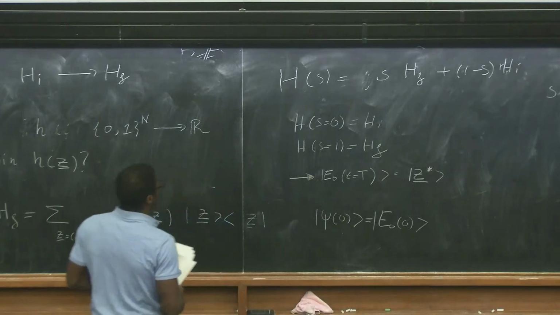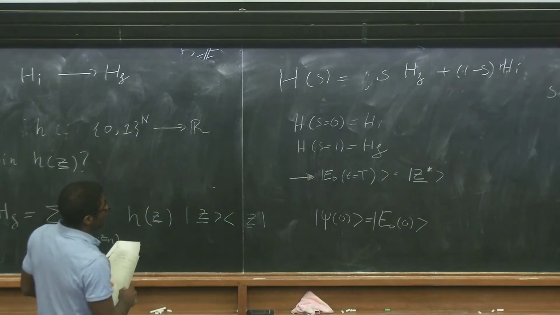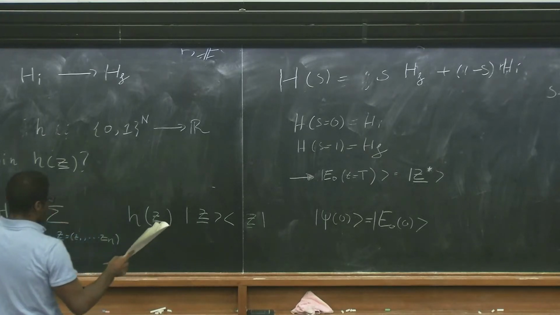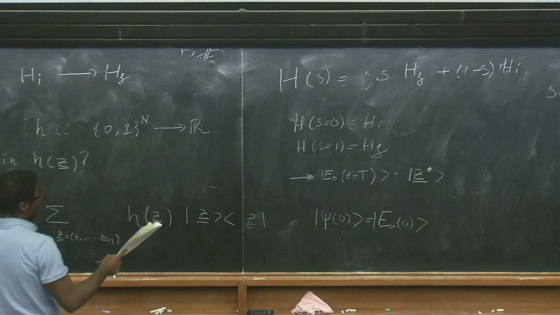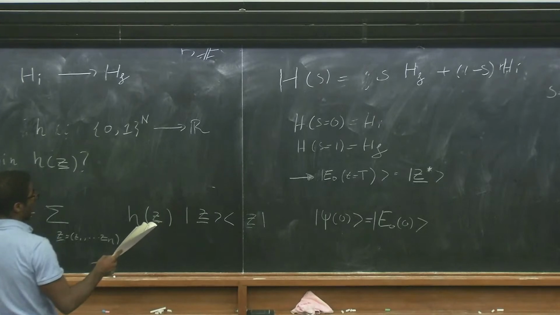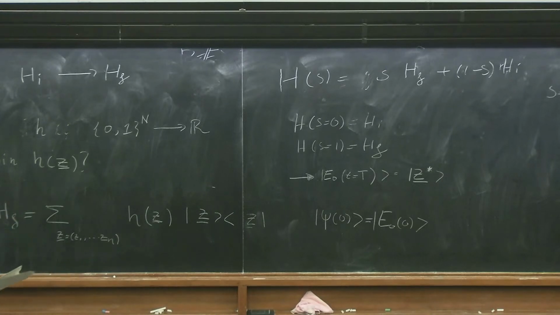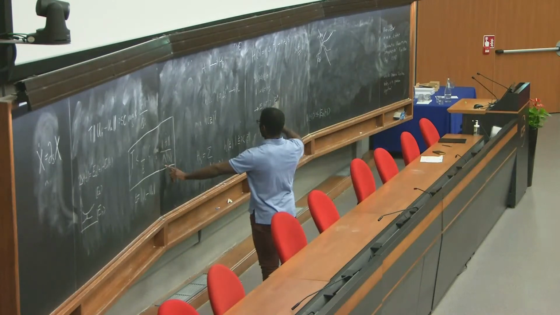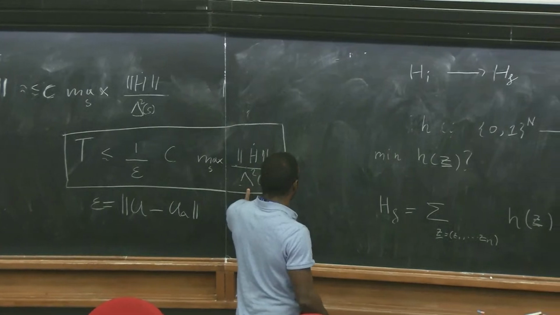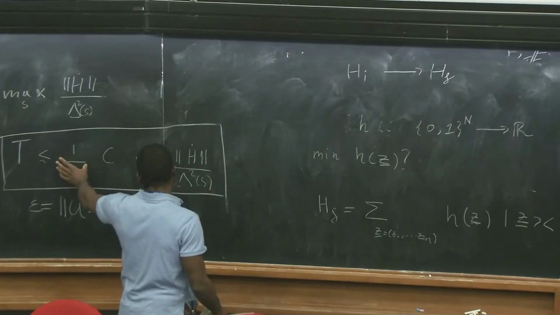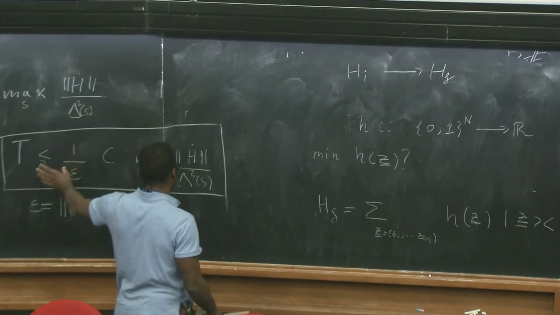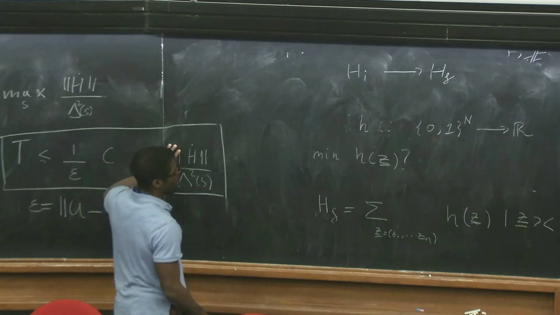So this is essentially how things are going to work. The time I need is going to be dictated by the derivatives of that Hamiltonian and its minimal gap. So I can get the runtime of the algorithm up to a certain precision.